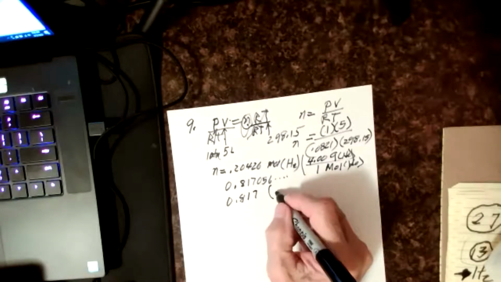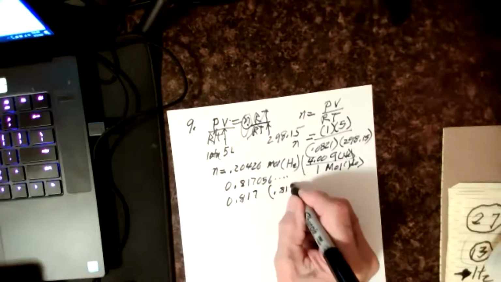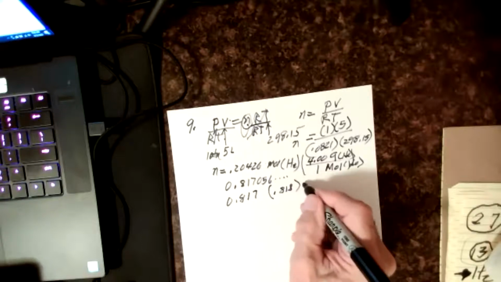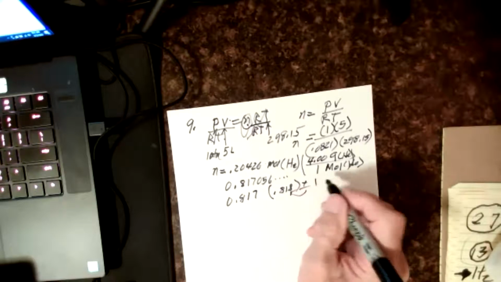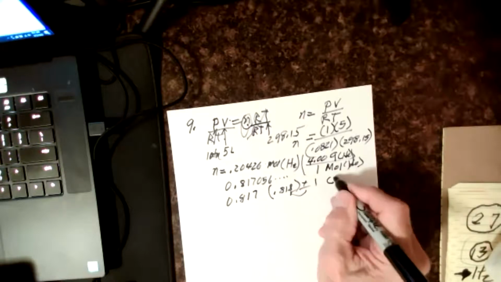The answer shown on the exam is 0.818. So that's again plus or minus 1 in that last digit. So the response is C on the test.